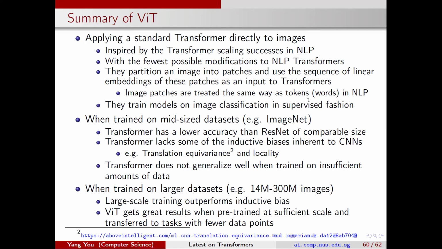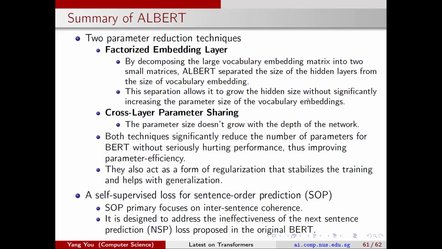Let me first give you a summary of ViT. The most important thing of ViT is building a sequence of tokens from an image. And then we add the position embedding. We also need an extra token for global information. These are the three parts of ViT. For ALBERT, I think that's a good example for a final project.